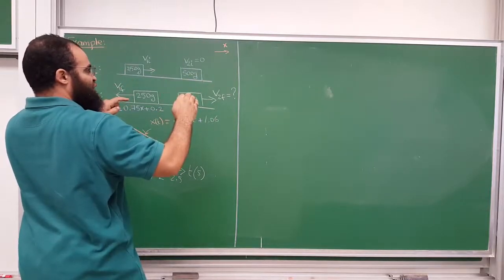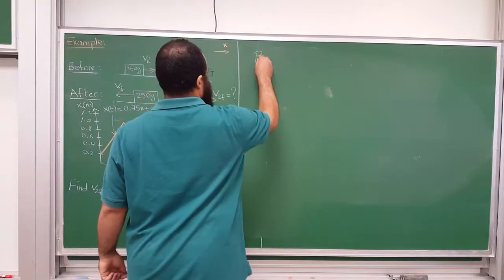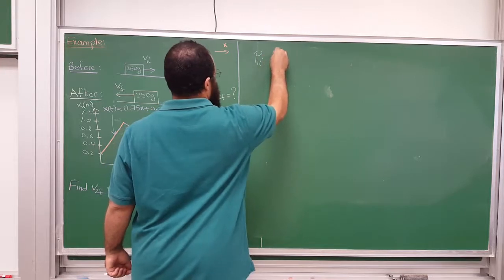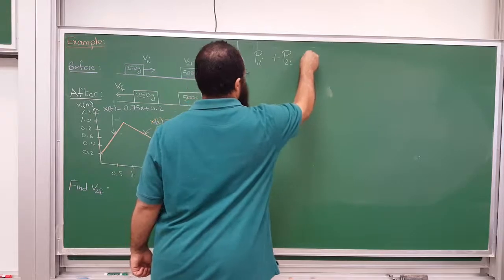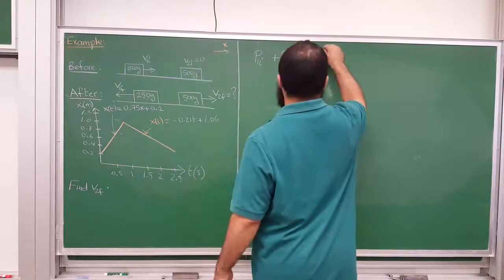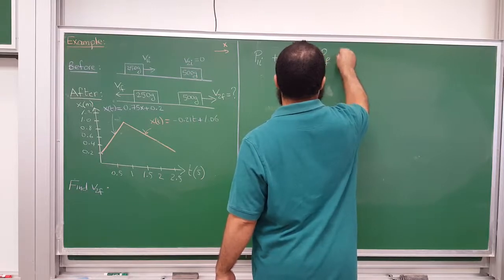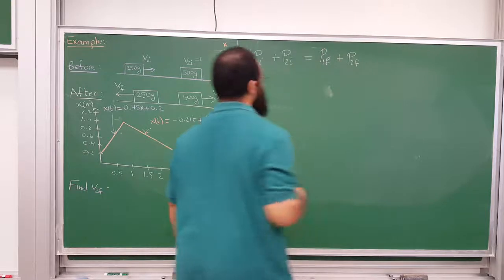Since the net external force is equal to 0, then the net momentum is conserved. The net momentum consists of the momentum of object 1 initially, plus the momentum of object 2 initially, and that has to equal the momentum after the collision by conservation of momentum. P1 final plus P2 final, like so.